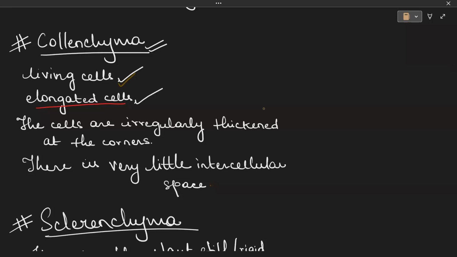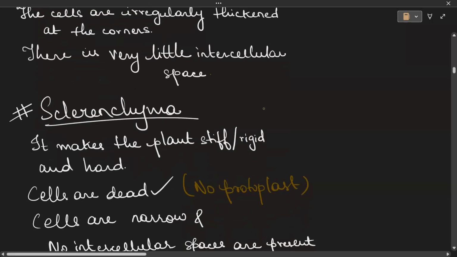The cells of the collenchyma have irregular thickenings at the corners, and they have very little intercellular space. So the space between the different cells is very little. So that is about the collenchyma.